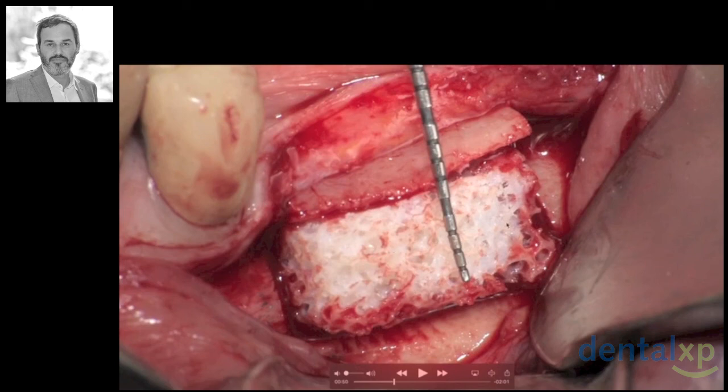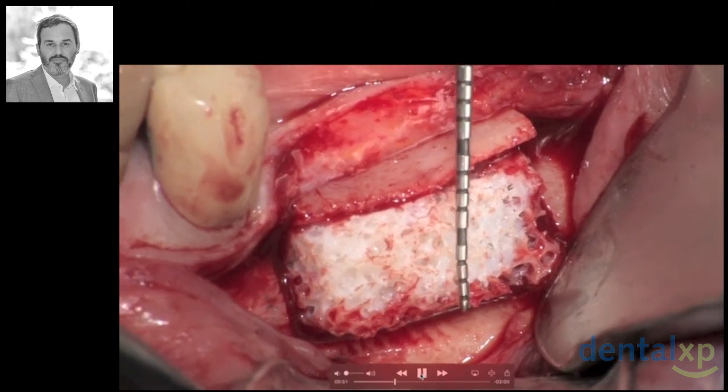You remember, in this case the block receives blood from the lingual periosteum, the bone above the nerve, and the coronal segment. And at the end, this is the beautiful situation for my block or for my particulate graft.